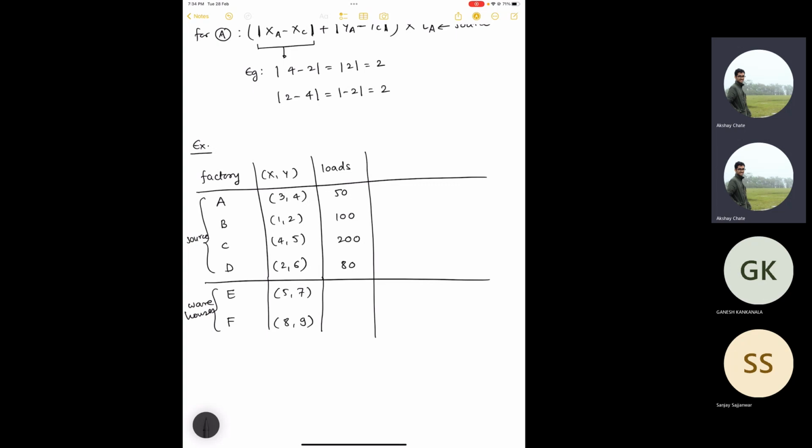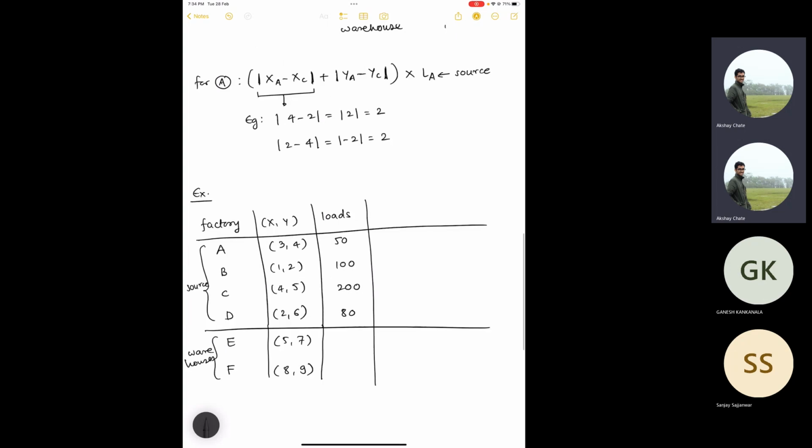So now, in this case, how do you calculate the distance? Distance is xa minus xe. In the first case, your destination is E, so for E warehouse and for F warehouse you can do it this way.